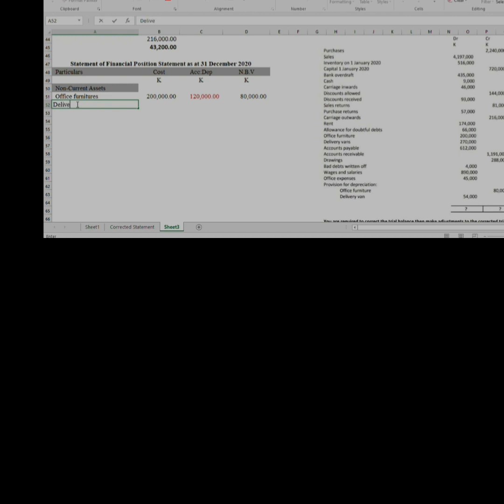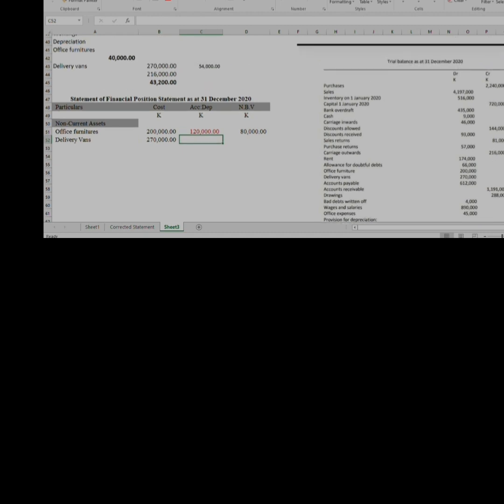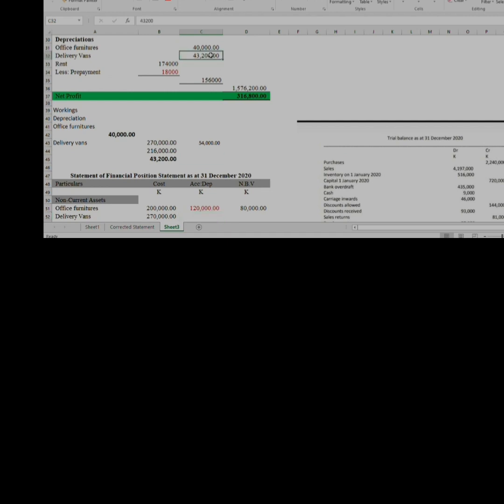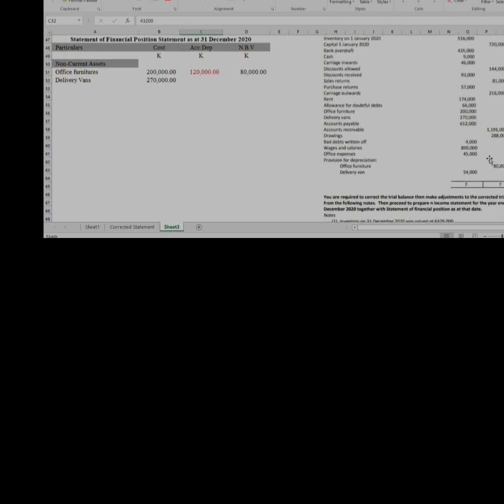That's the other non-current asset you have, the delivery vans, and the cost of delivery vans is 270,000. For the accumulated depreciation, when we calculated it in the question it was 43,200. So this 43,200 we are going to add to the 54,000 which is here.